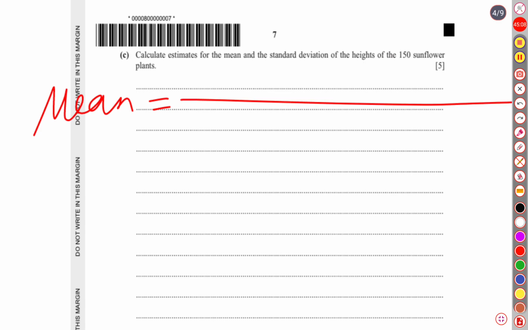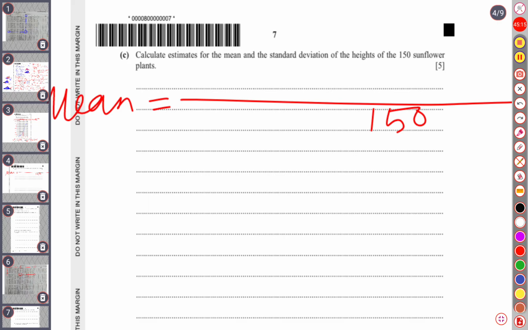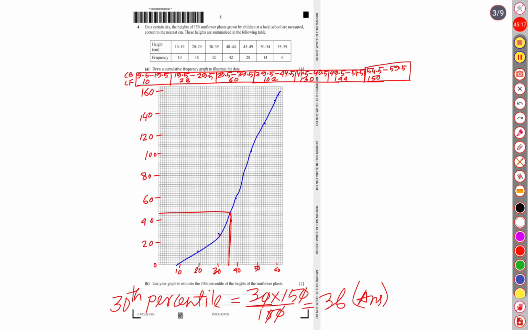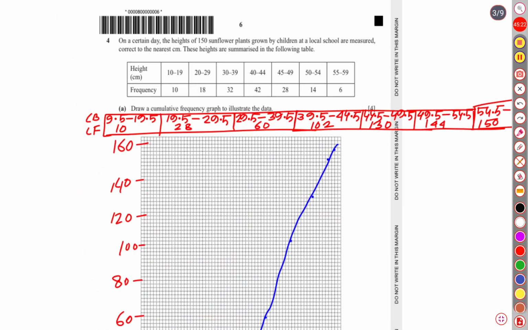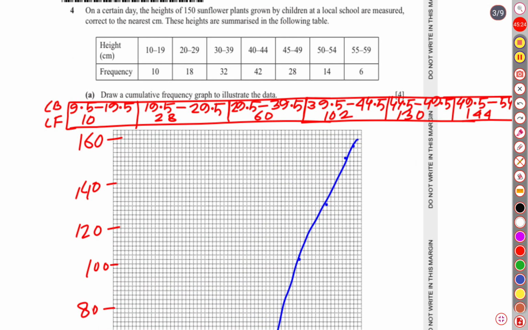N is the total, 150, and to find fi xi we'll have to go back to the previous page. Yes, this was the previous page. Here, as the class width is given, we will first find the midpoint. The midpoint of 10 and 19 is 29 over 2, so 14.5. 14.5 times 10 is 145. The first one is 145.